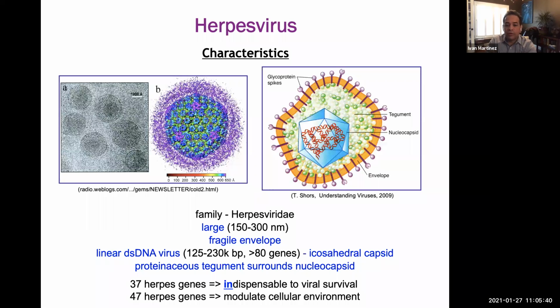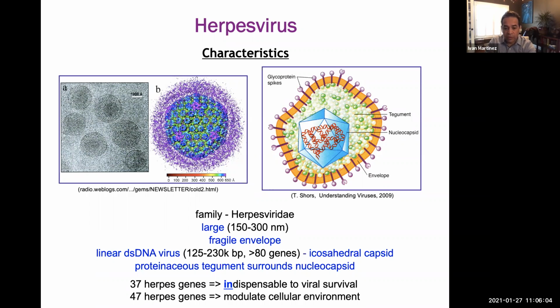A characteristic of herpes viruses is that they're part of the family Herpesviridae. They are large, between 150 to 300 nanometers, so they're actually big viruses. They have a fragile envelope and a linear double-stranded DNA genome that is pretty huge, 125 to 230 kilobases, and they express more than 80 different genes.